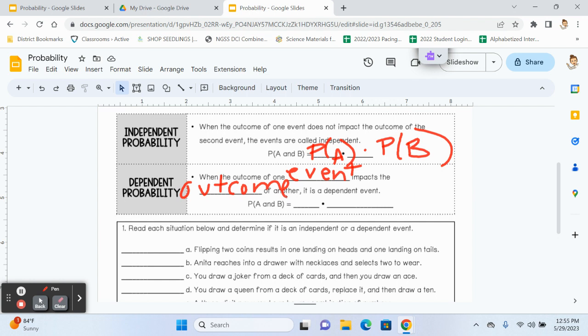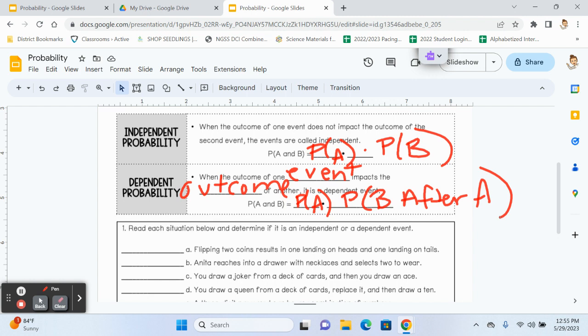How this is different is you're going to take the probability of A and multiply it times the probability of B after A occurs. You're going to see how this works in just a second. Just make sure you have this copied down.